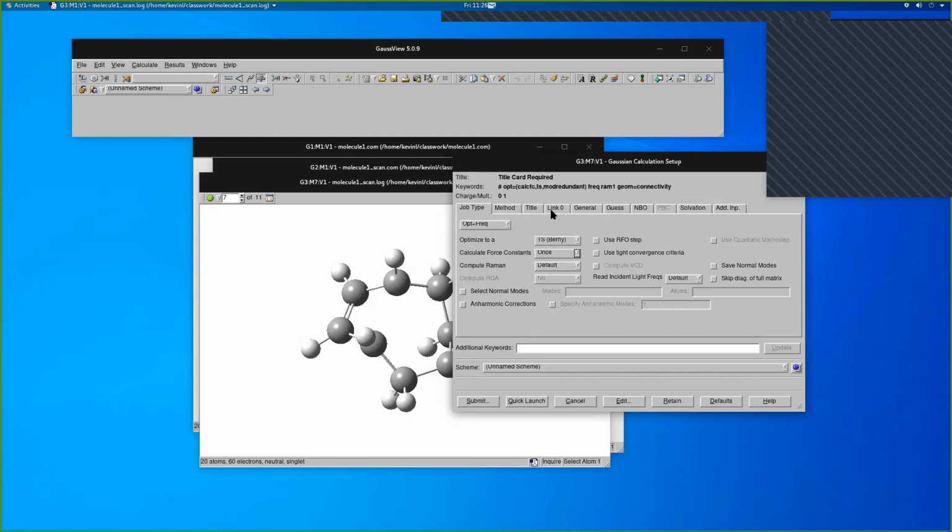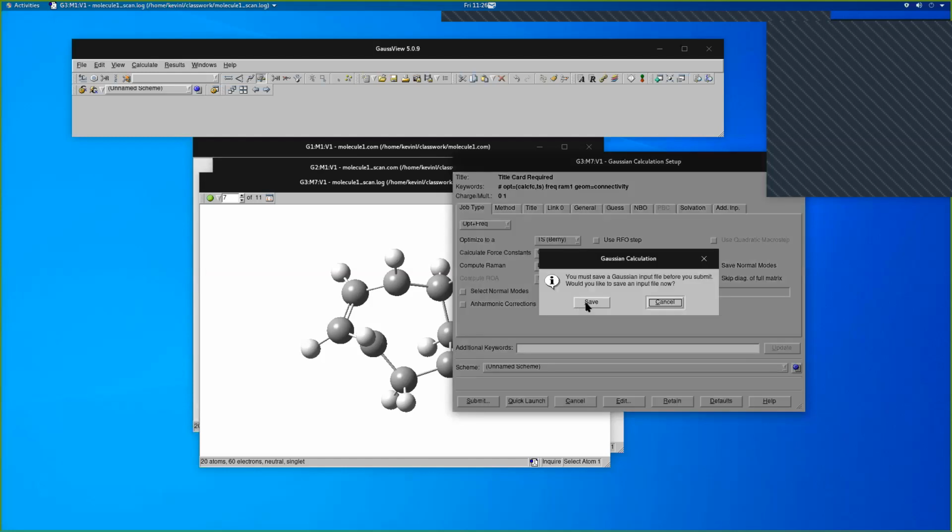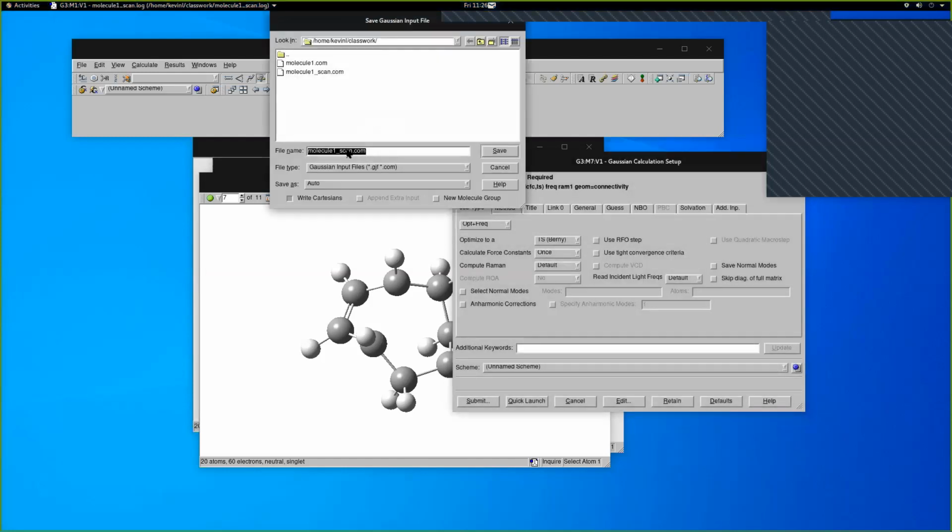We have to do that, and I just need to take away our scan from that, and let's see if we can find a transition state. So this is now a transition state search.